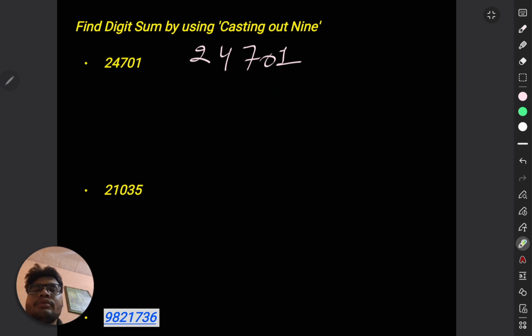Then we will do a new advanced thing in this method. If 9 is not available to cast out, then we will find 9 by adding digits.